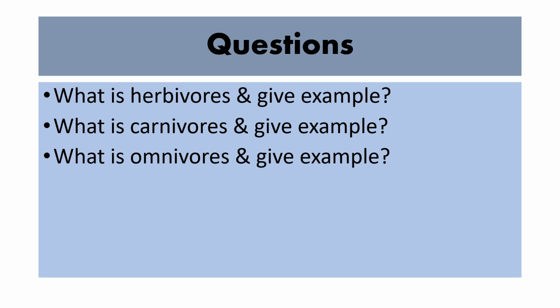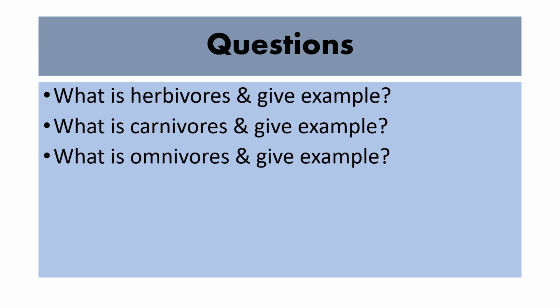Okay, very good and congratulations. All of you have learned about herbivore, carnivore, and omnivore. Hopefully, you can remember these three types of eating habits of animals, and remember the examples for herbivore, carnivore, and omnivore. After you look at this slide, I hope you can answer my questions in the quizzes.